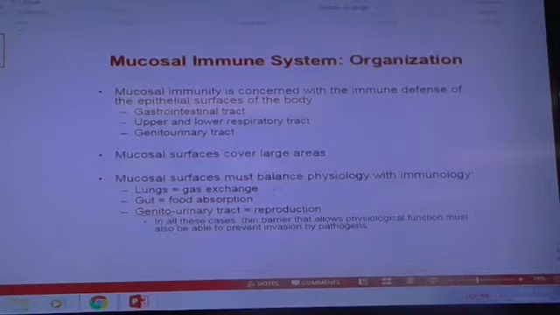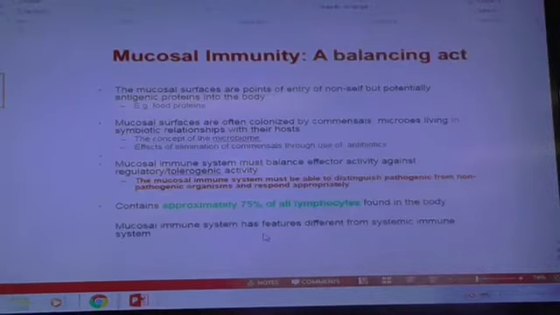I'm saying here, mucosal surfaces must balance their physiological functions, but then again protect those surfaces from the pathogens. Okay, you know those physiological functions. I don't have to talk about them. We studied physiology extensively, so I don't have to say.